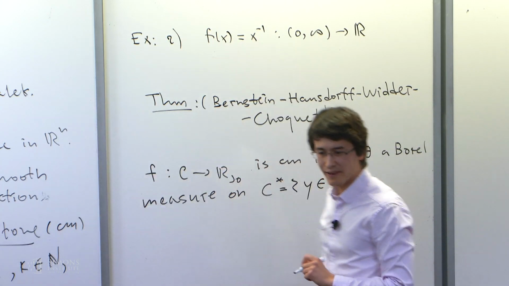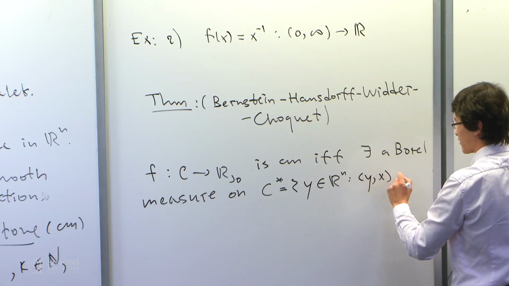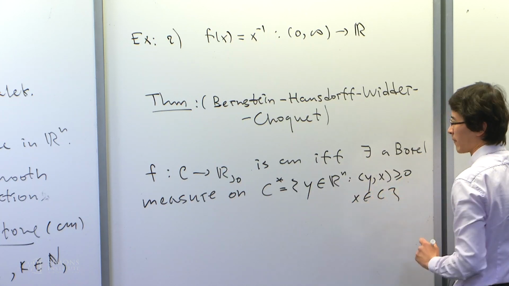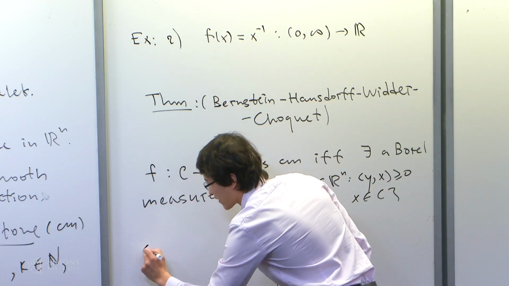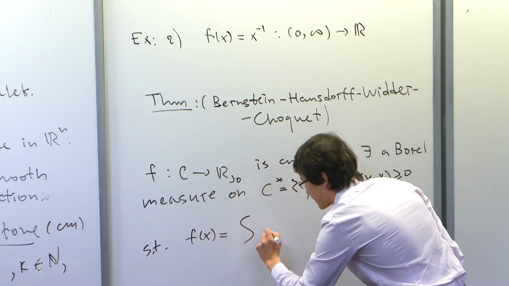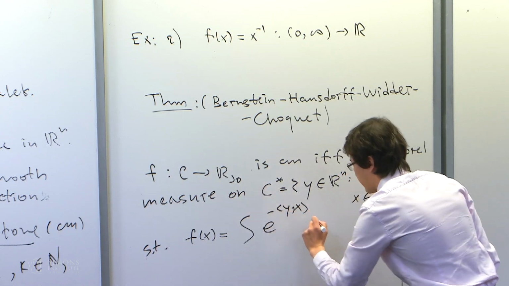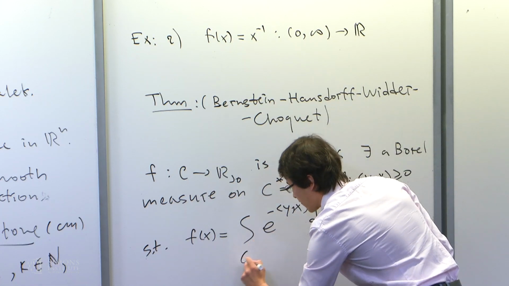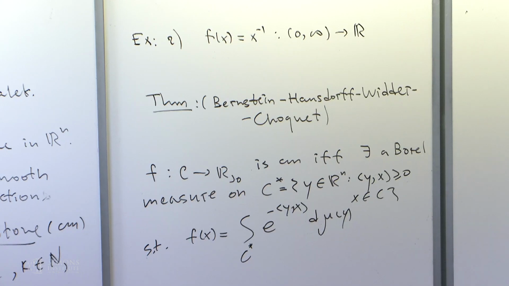I will identify Rn with its dual, such that the scalar product of y with x is always non-negative for any x in my cone C. There exists a measure on this dual cone such that f of x can be represented as the integral of e to the power minus yx, d mu of y. By a measure on C star, I mean a measure supported on C star.